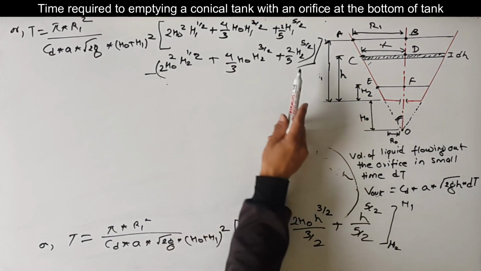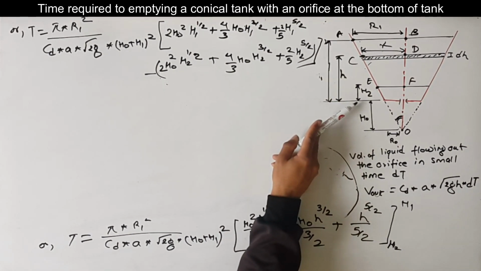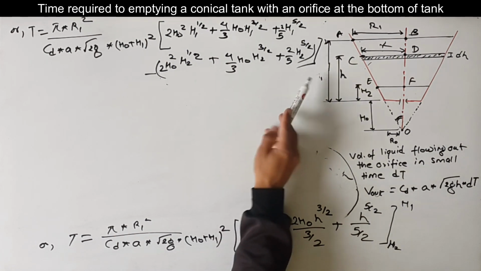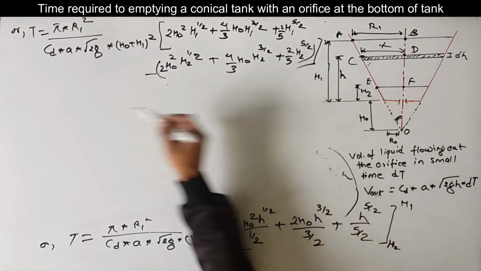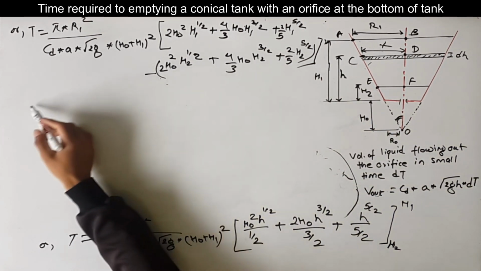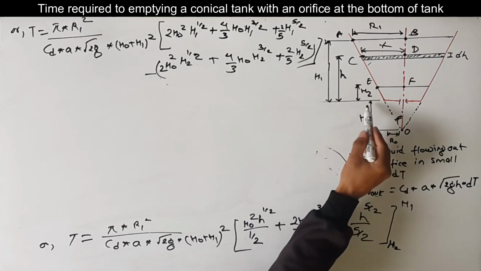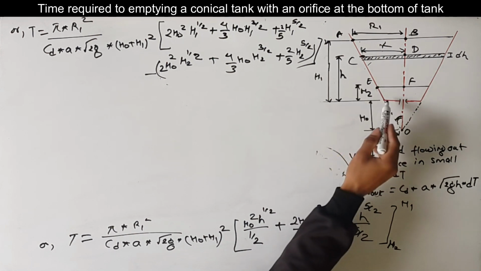Our target is to find the time to empty the liquid from this height h1 to the outside. So in place of h2 we put h2 equal to 0 for emptying of this tank.